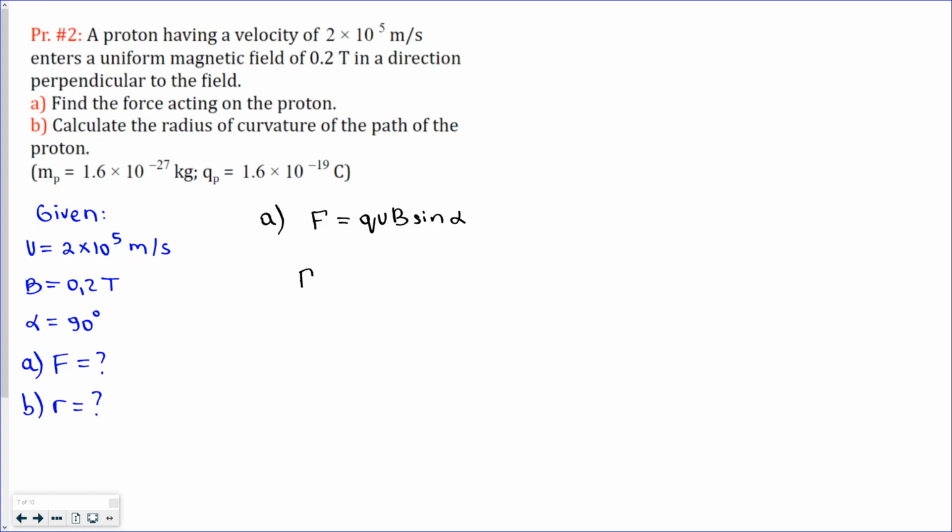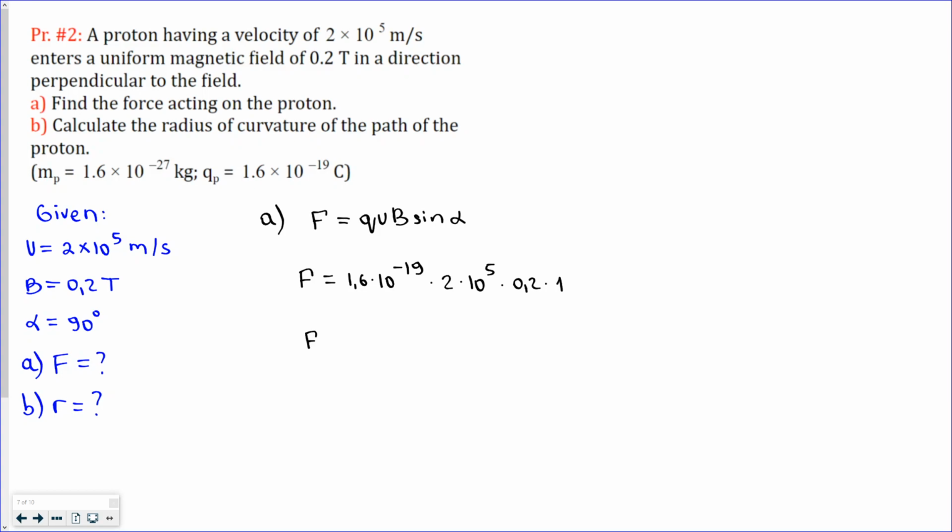From here, let's use the given information and substitute into the equation. This is the charge, the velocity is 2 times 10 to the 5, multiplied by the magnetic field, 0.2, times sine 90, which is 1.